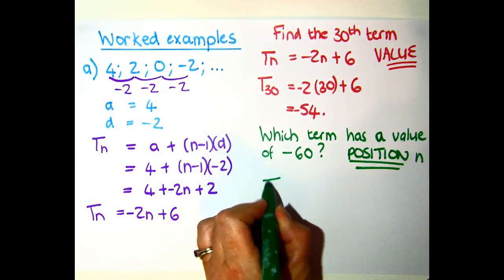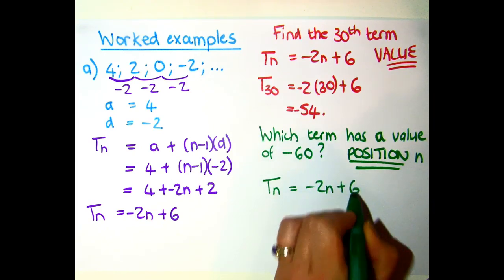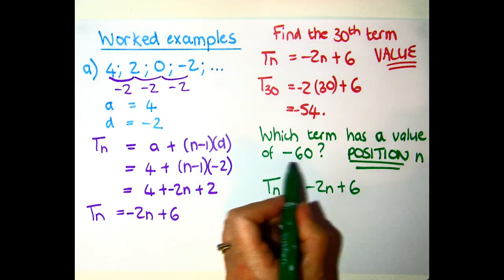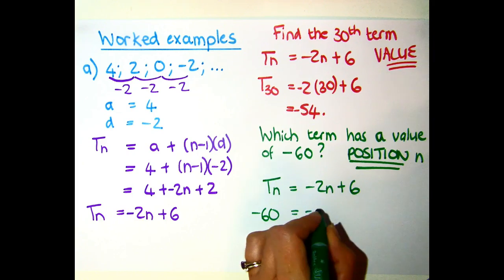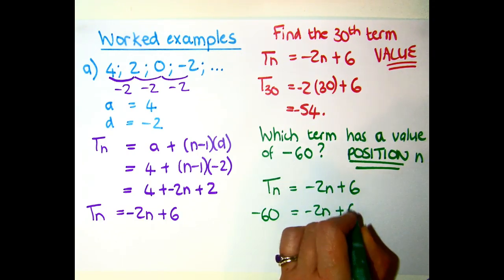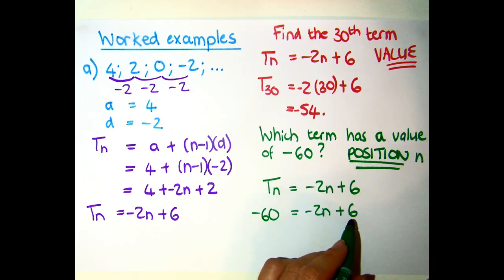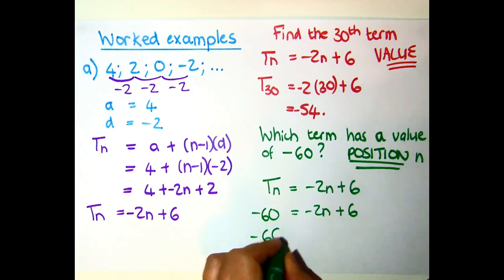Okay, so again, I'm going to write out the formula as is. And then remember, what I'm subbing in is the bit that's the value, so the Tn, the negative 60. So I'm going to say negative 60, and what I'm trying to find is this n. And now I'm solving the equation for the n. So taking the 6 to the other side, I'm going to end up with negative 66.